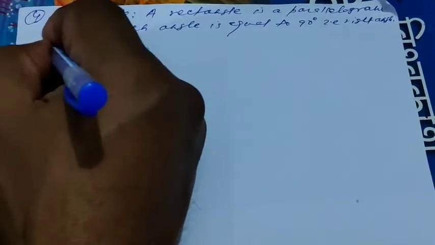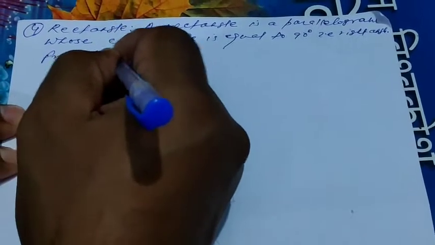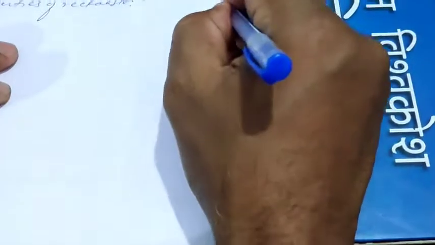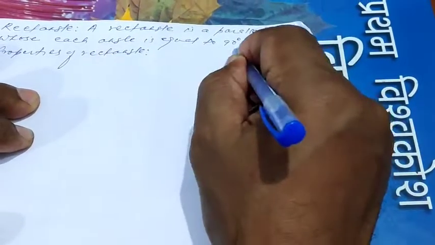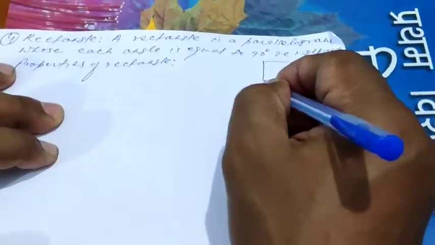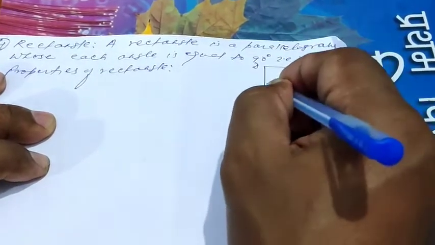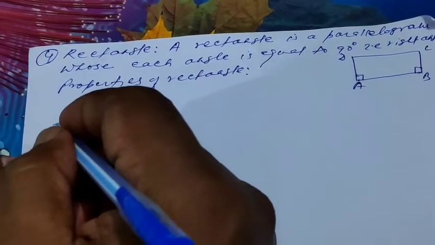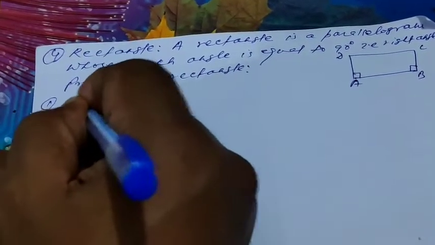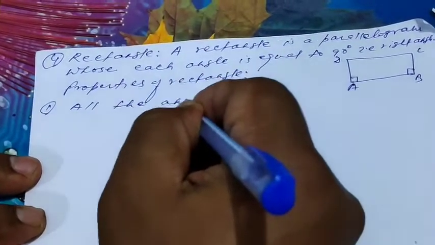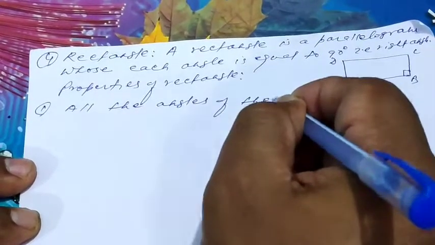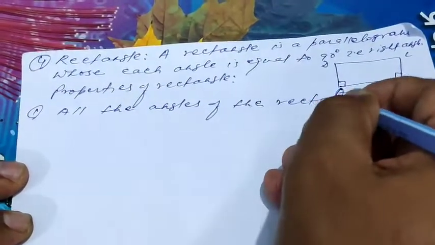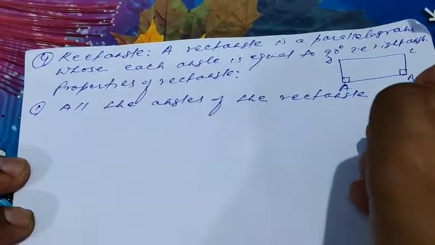Properties of rectangle. First, all the angles of the rectangle are right angles.